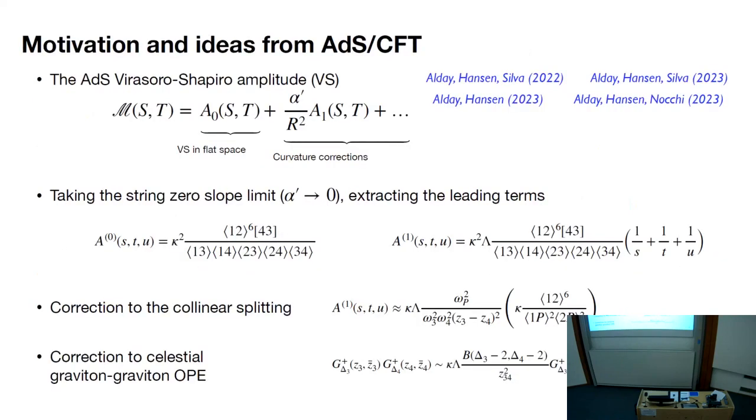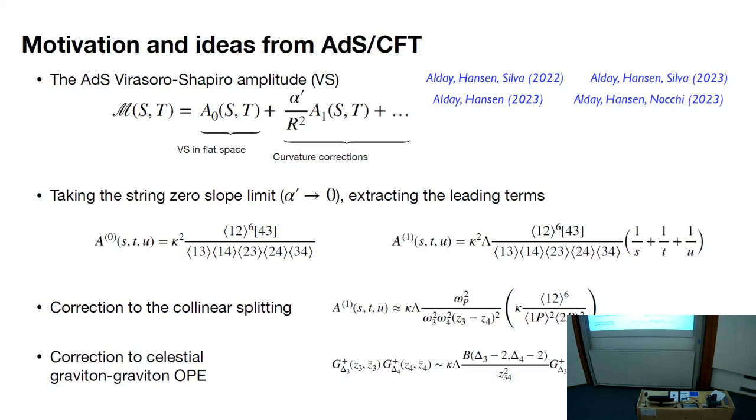And then, for those of you who are experts in AdS/CFT, you might wonder, there's no proper definition of scattering amplitudes in AdS or dS. So the best thing we can do so far is to look for something that looks like scattering amplitudes, or reduces to scattering amplitudes in flat space, in the flat space limit.